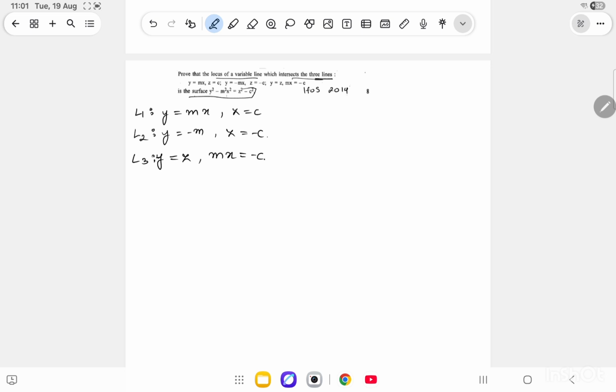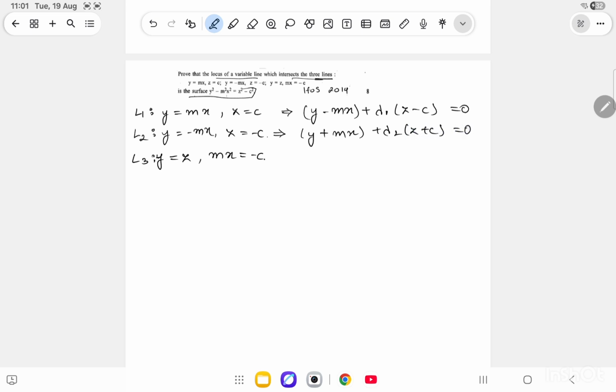So the equation of the plane passing via line L1 will be y minus mx plus lambda 1 into z minus c equals to 0, and the equation of the plane passing via line L2 will be y plus mx plus lambda 2 into z plus c equals to 0.